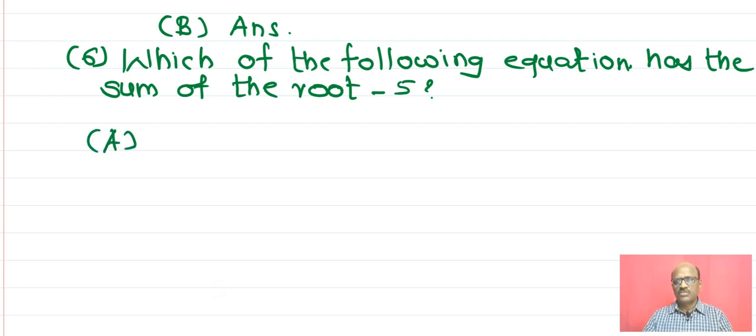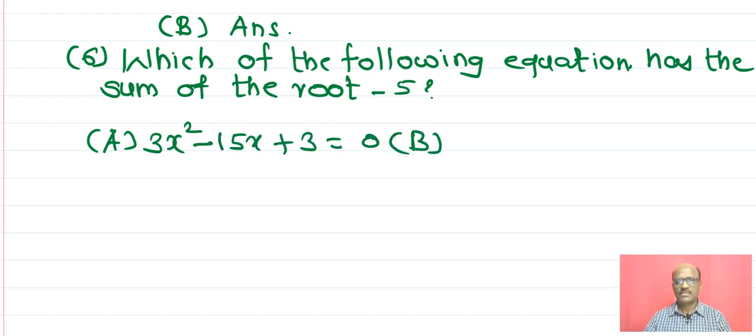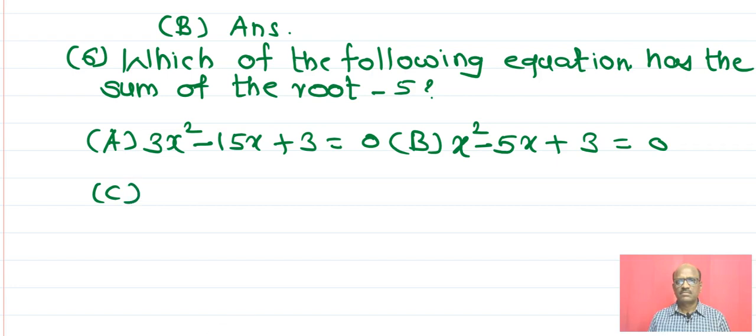Now the sum of the roots means what? Alpha plus beta is equals to minus b upon a.